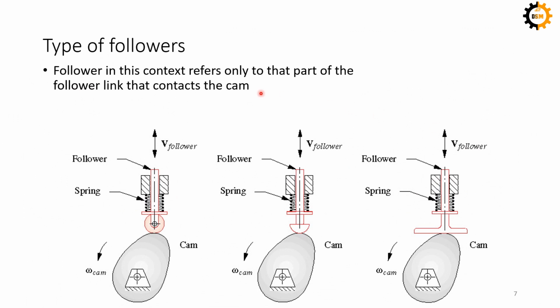Okay, so based on the shape of the follower, we can also classify our cam follower mechanisms. So we have three examples here. The first one on the extreme left has a circular follower, and that circular disc type follower is pivoted at another point.